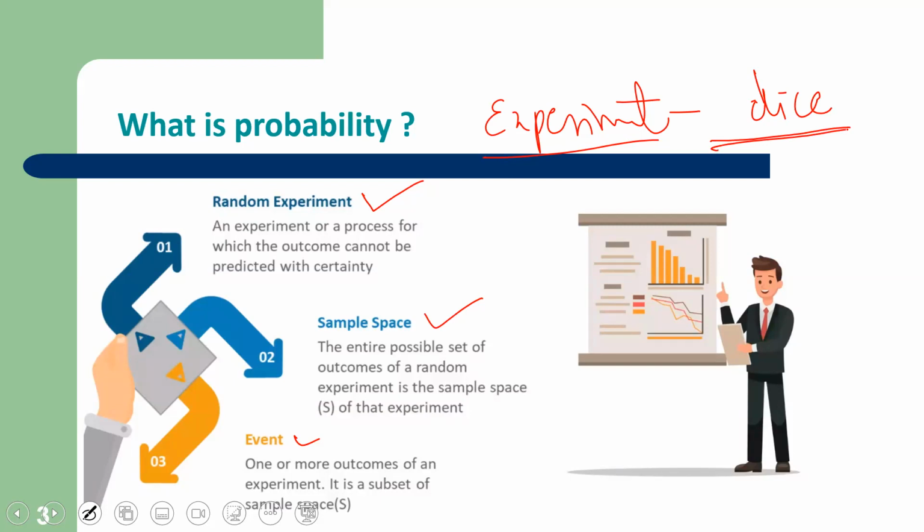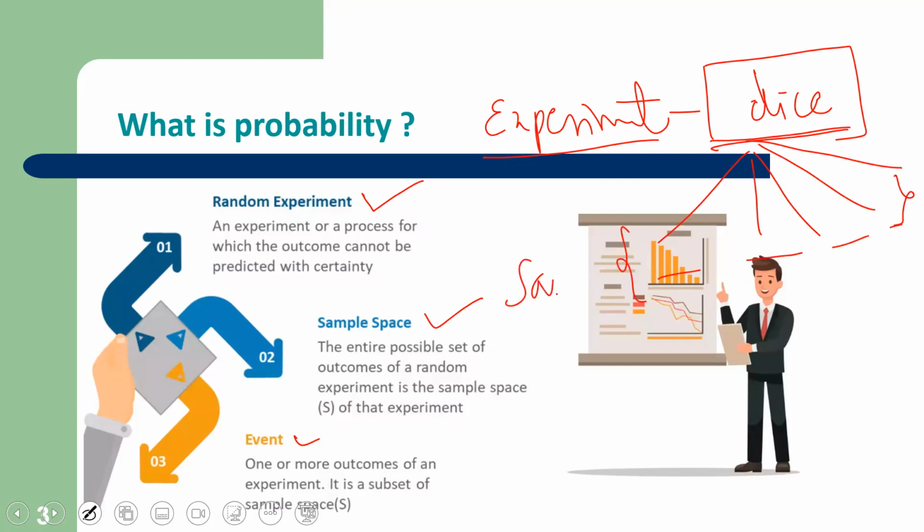Throwing a dice is an experiment, and when you are performing an experiment, there will be many outcomes of the experiment. All this collection of outcomes, we call it a sample space.